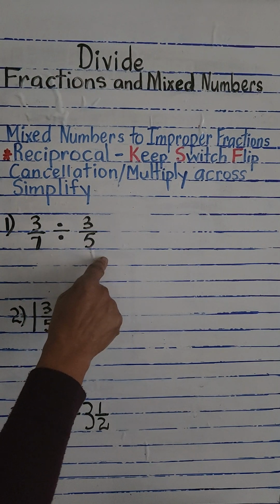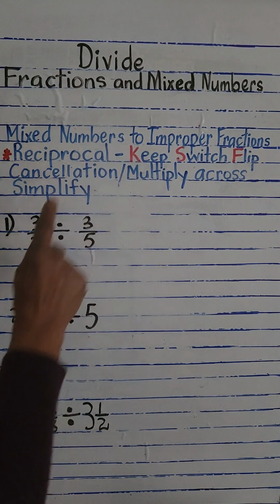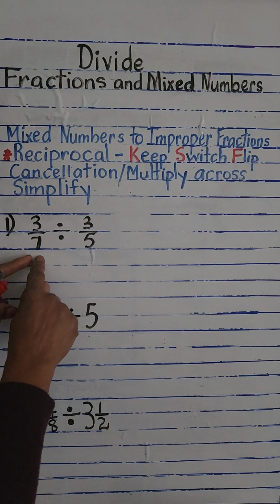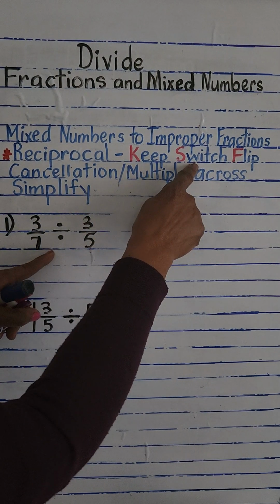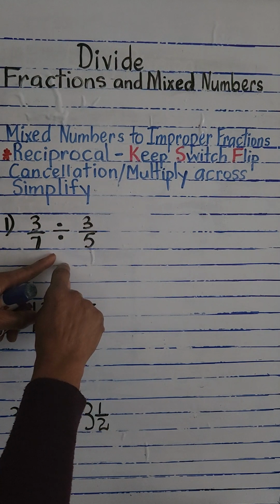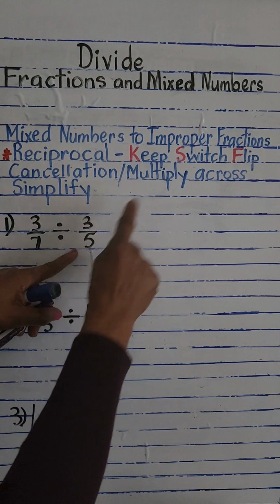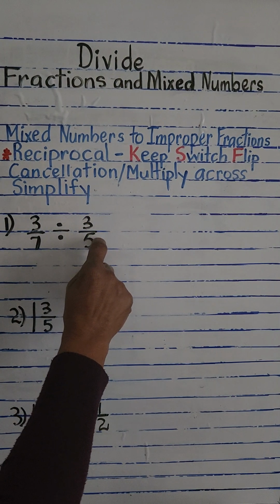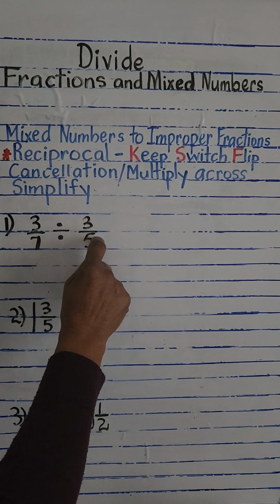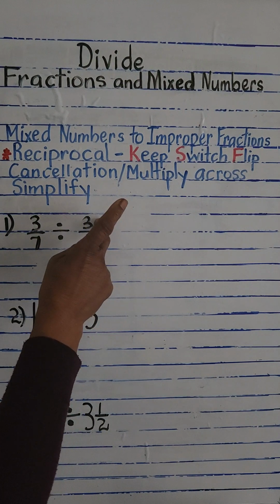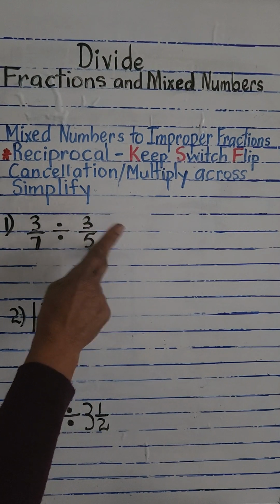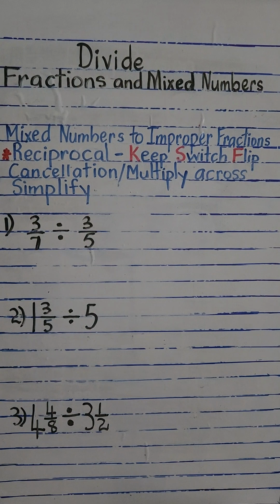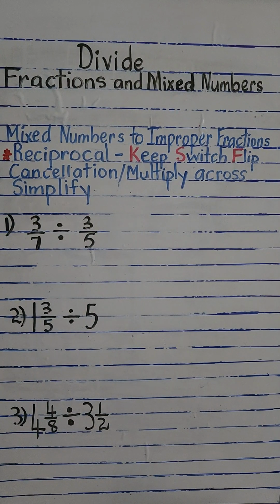We do that by keeping the first fraction, switching the sign to multiplication, and then we flip the fraction after the sign to the reciprocal. That means the denominator becomes the numerator and the numerator becomes the denominator. And then we cancel and or multiply across, and then we simplify.